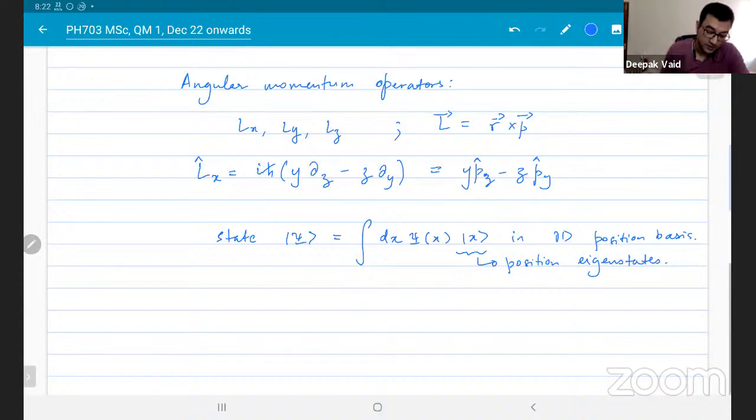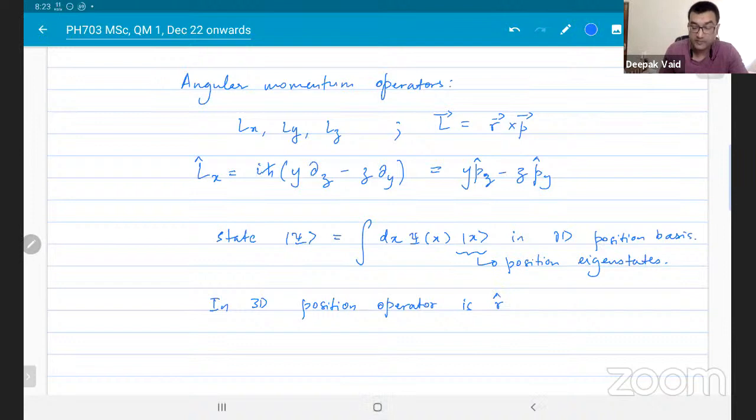But we want to talk about states in 3 dimensions, right? For example, the state of an electron in a hydrogen atom. It's something that is in 3 dimensions. So in 3D, your position operator is this R hat.